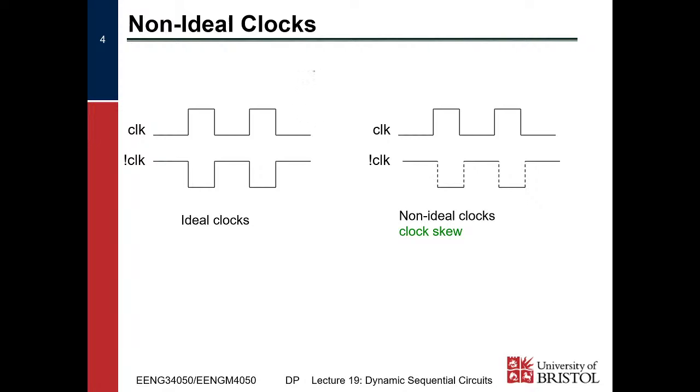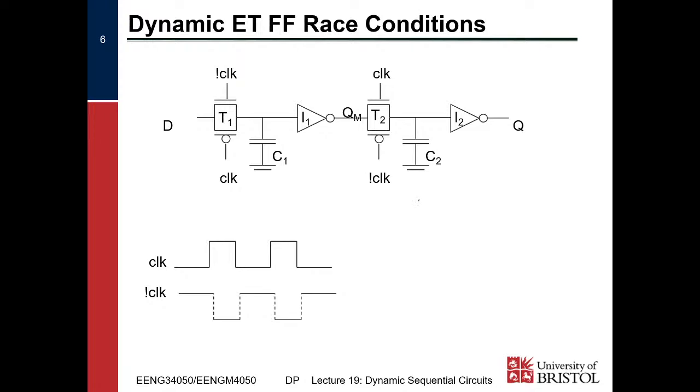Obviously, just as with the static storage element, we need to consider what happens if our clock and our not clock aren't exactly aligned. So we can have 0, 0 overlaps and 1, 1 overlaps. Well, let's have a look at them. In the case of a 0, 0, clock and not clock are both 0, meaning this transistor's on, that one's off. This one's on, that one's off.